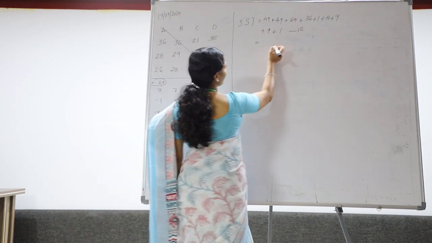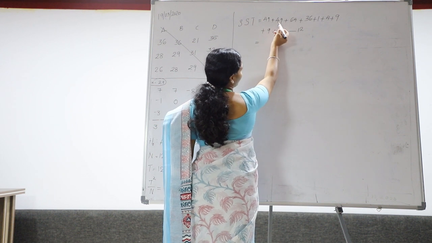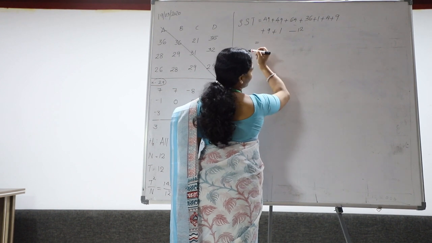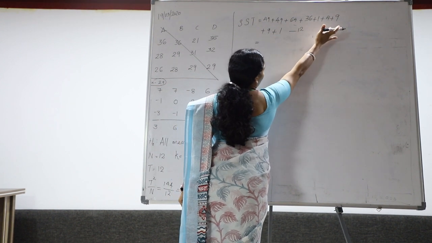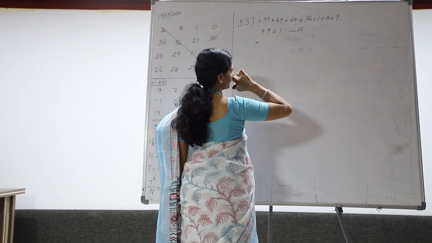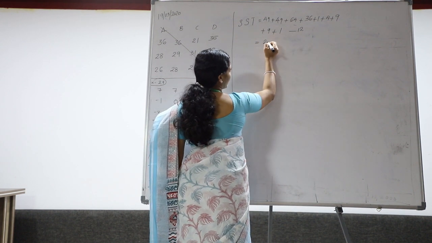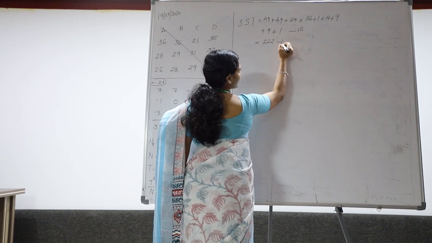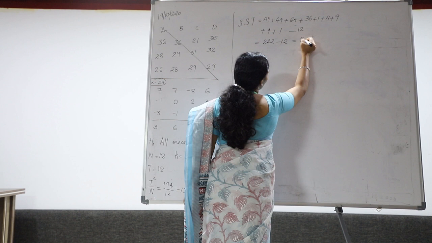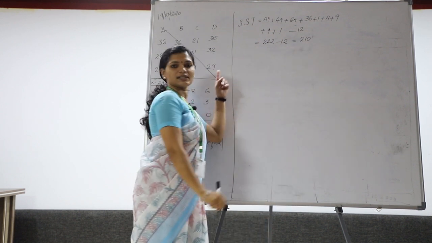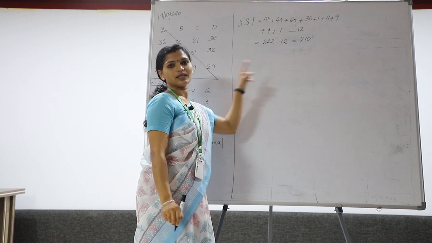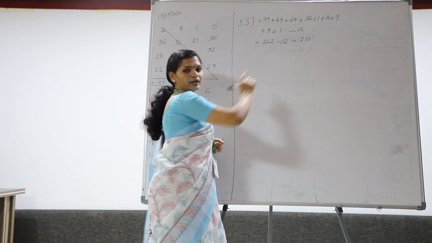So now we can sum up the terms: 49 plus 49 is 98, and this is 100, then plus 2, so we have 200, plus 9 plus 4, so we have plus 22, 222, then minus 12. So here we will get a sum of 210.